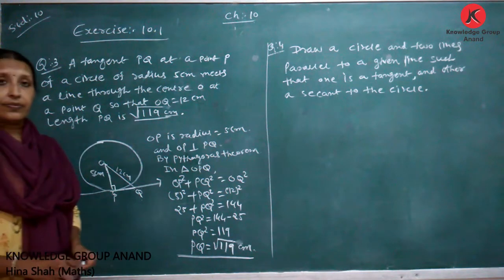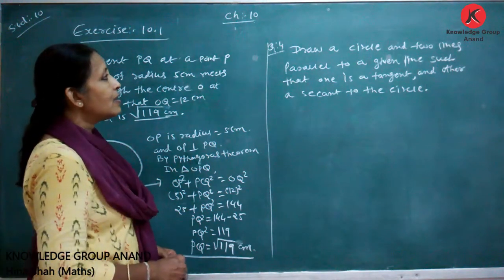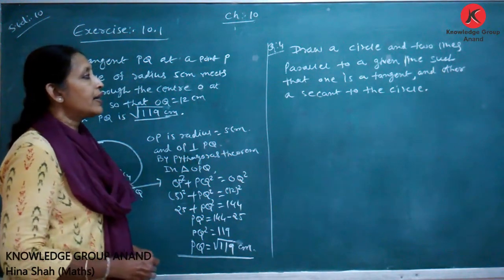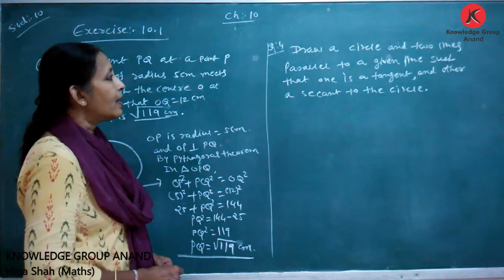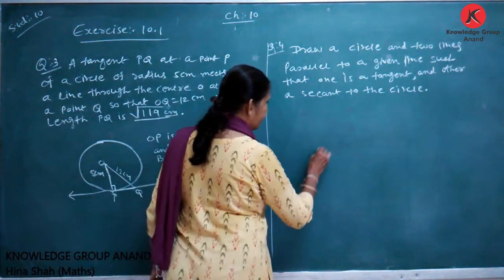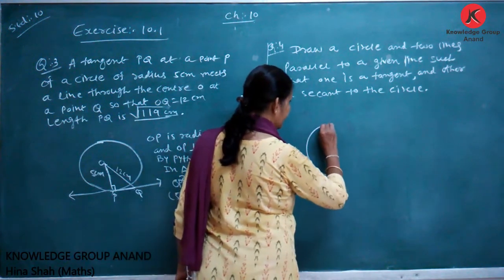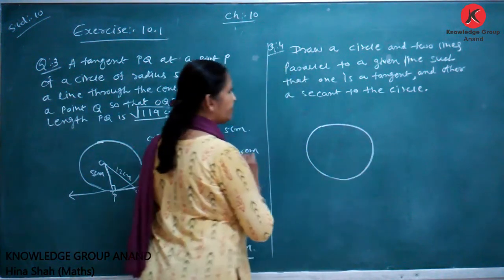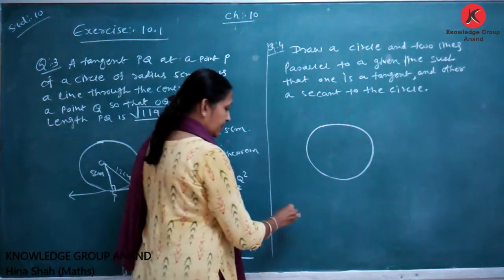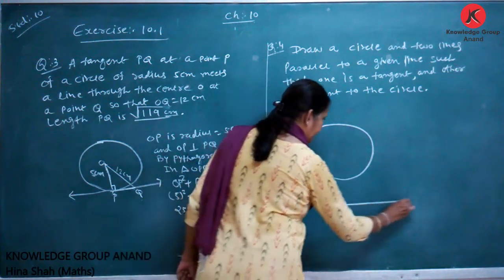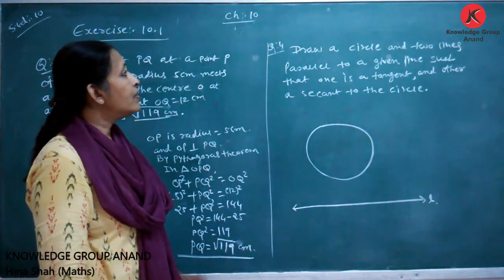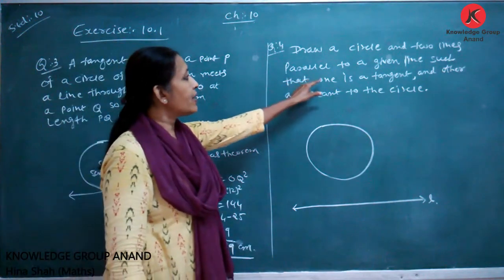Now question number 4. Draw a circle and two lines parallel to a given line such that one is a tangent and the other is a secant to the circle. Here, draw a circle. Suppose it is a given line L. And two lines parallel to the given line.